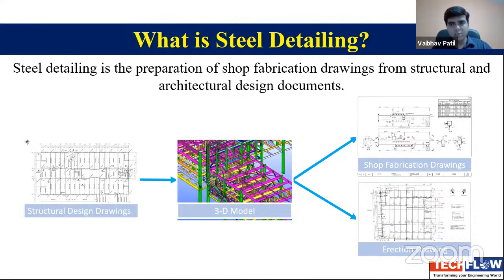If you can see my screen, on the left side there are structural design drawings. Based on that, we make a 3D model, make connections and produce 2D drawings, like at the right end, the shop drawings to fabricate the steel, and the erection drawings, which are also required to erect the building.